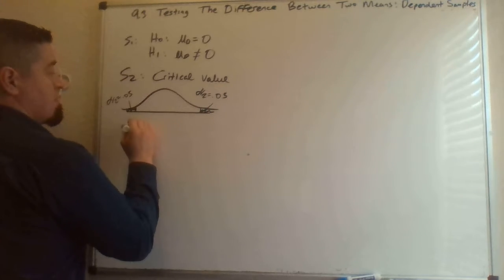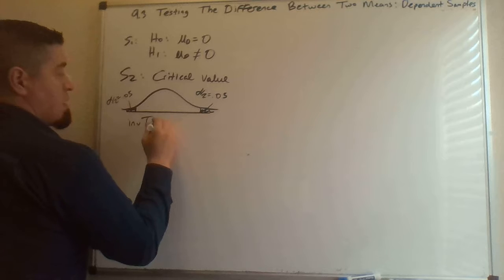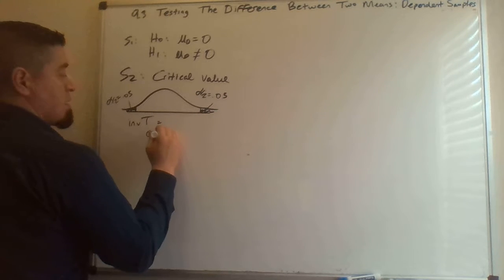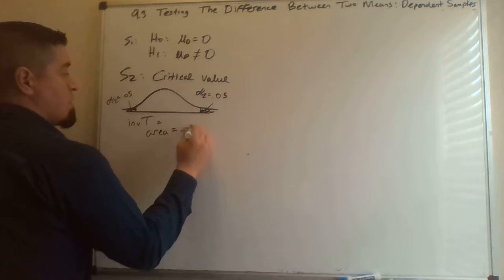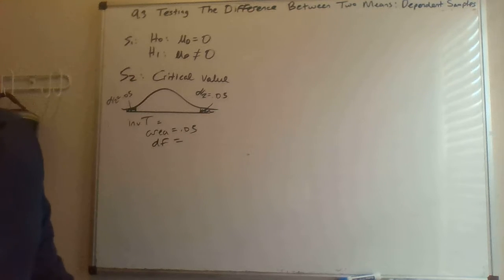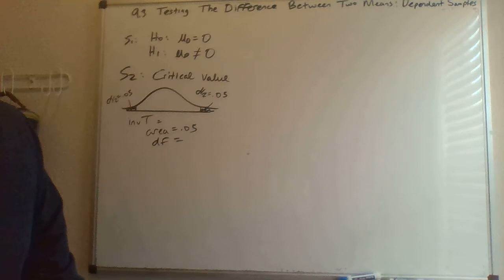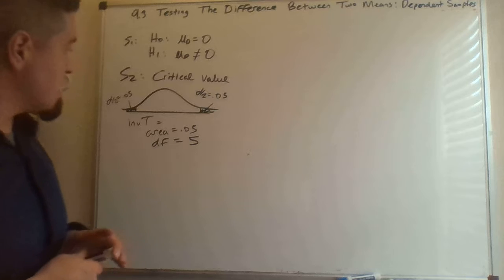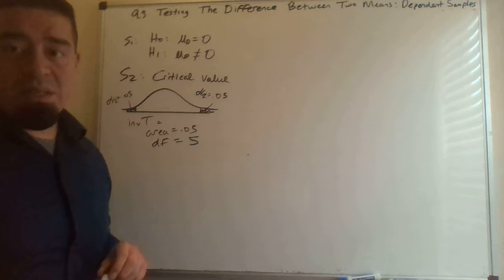Therefore we need inverse t of area 0.05 with the degrees of freedom of n minus 1, or 6 minus 1, so the degrees of freedom is 5. Input that into your calculator, and we will get our t criticals.